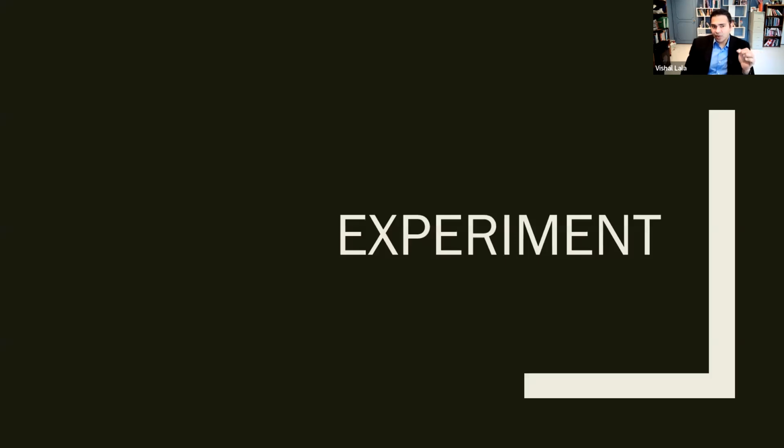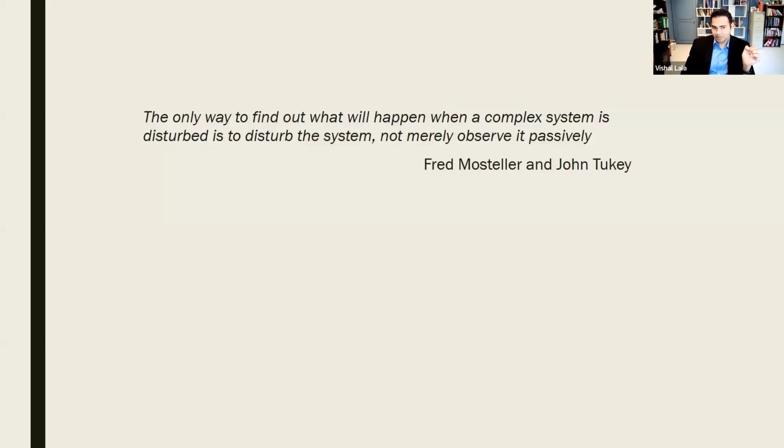So an experiment is the way to rule out other plausible explanations. As Mosteller and Tukey said quite wisely, the only way to find out what will happen when a complex system is disturbed is to disturb the system, not merely observe it passively. There's a subtle kind of undertone here of them taking a crack at surveys.